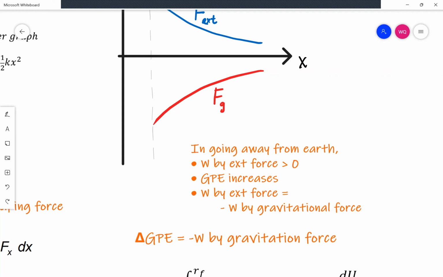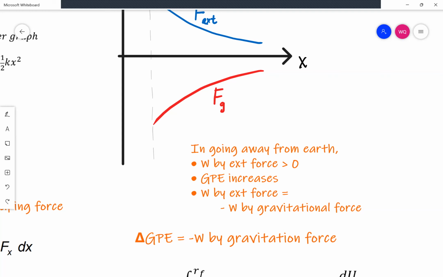Earlier, we have talked about how net external force will change total energy. And in this case, only GPE is changing. Therefore, the change in GPE will be equals to the work done by the external force. And work done by external force, by the third bullet point, is negative work done by the gravitational force. So with that, we can come out with this conclusion: change in GPE is actually negative work by gravitational force.